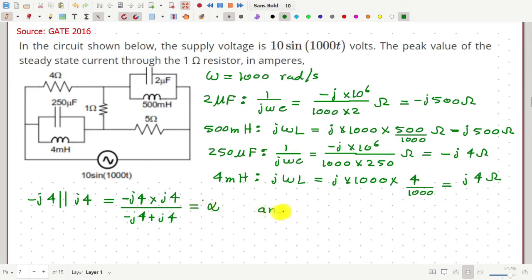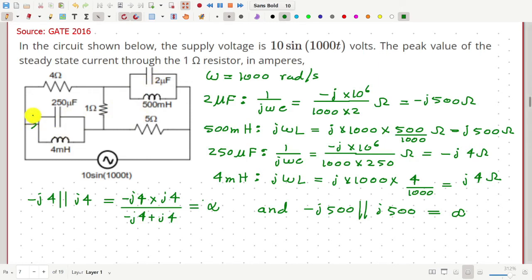And in the same way, the parallel combination of this inductor and capacitor, that is minus j500 in parallel with plus j500, is also equal to infinity. So therefore, this parallel combination offers infinite impedance. Similarly, this parallel combination also offers infinite impedance.